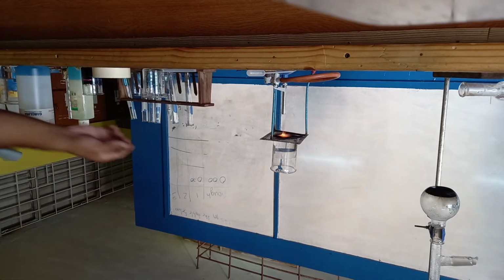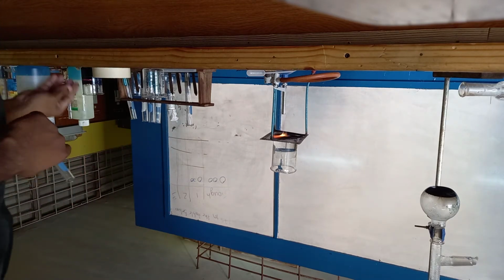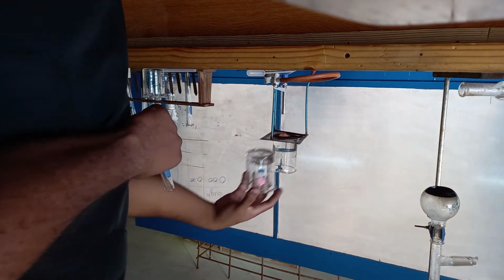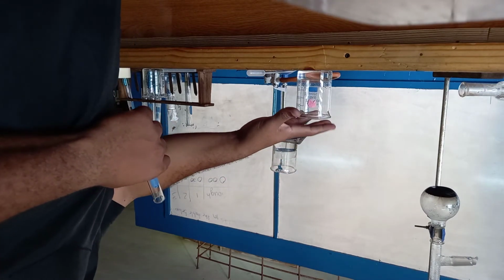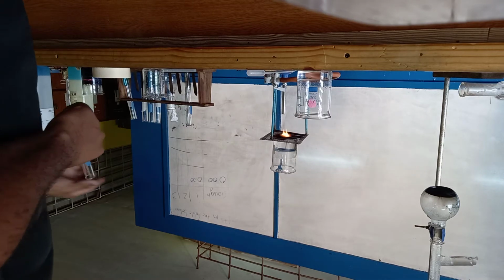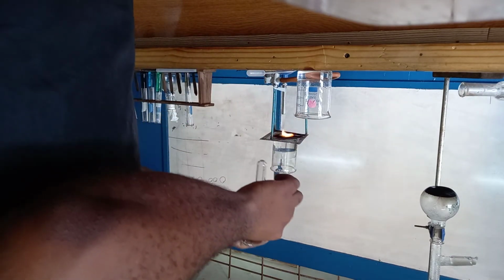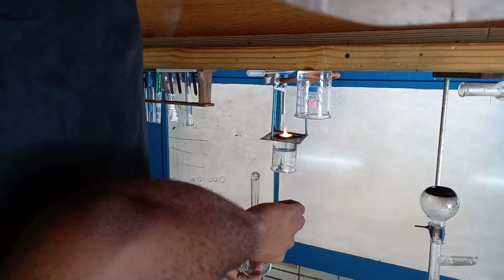So first, I'm going to do the silver mirror test. Again, I have my solution of silver nitrate and aqueous ammonia. And I had poured out some of the aldehyde already in this test tube.